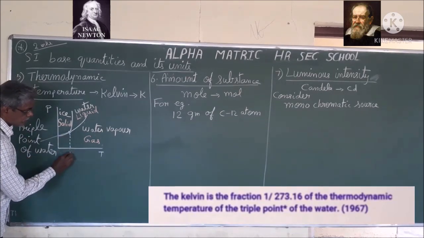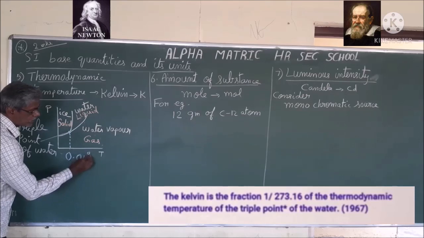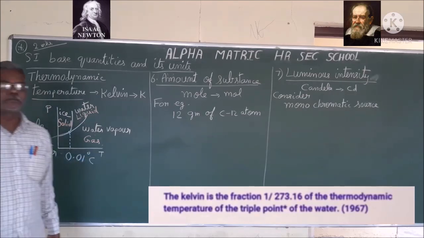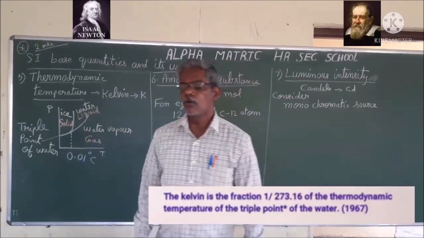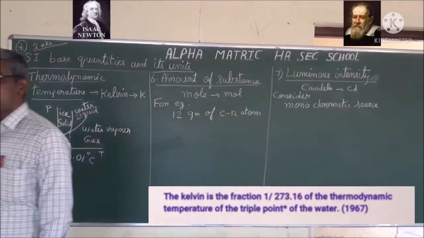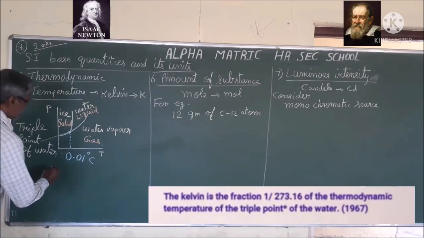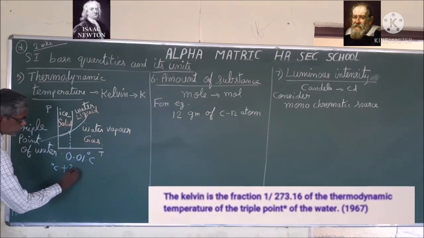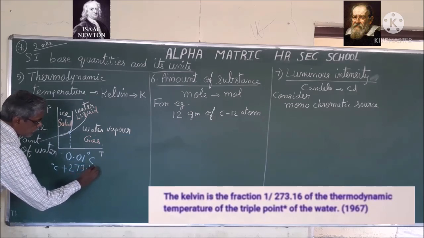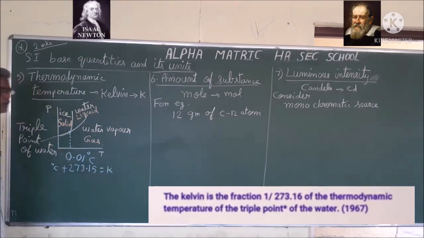It will be 0.01 degree Celsius. Now, how to convert degree Celsius into Kelvin? Degree Celsius plus 273.15 will be Kelvin.